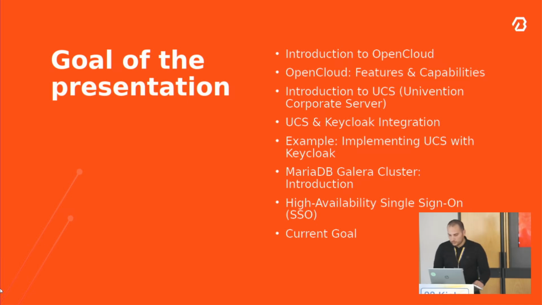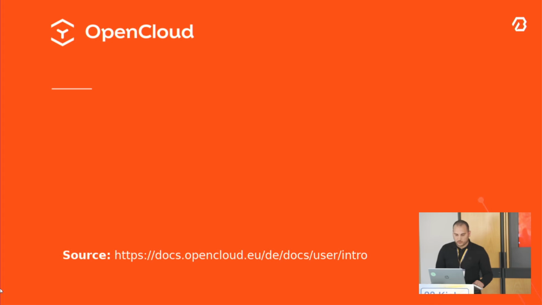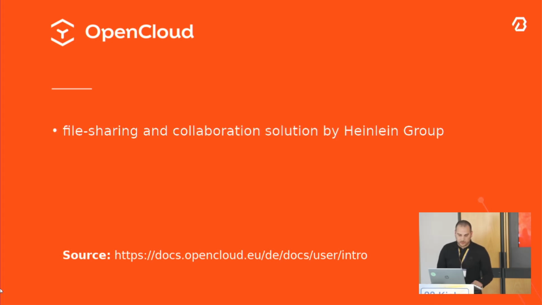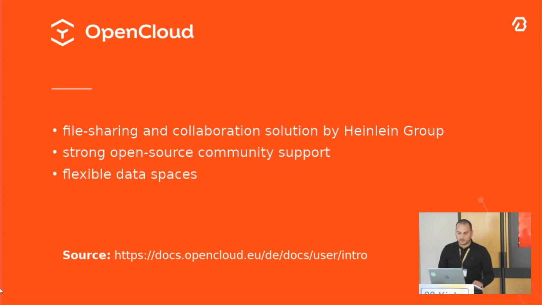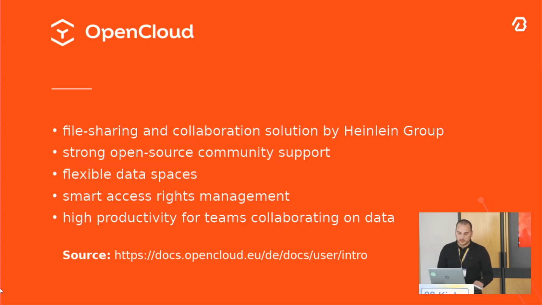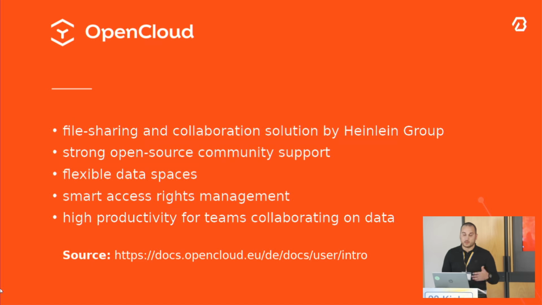We'll move now to Opencloud. Just a fast introduction about it. It's a file sharing and collaboration solution by Heinlein Group. It has a strong open source community and community support, flexible data spaces, and some good features for access management, and it has high productivity for team collaboration on data.